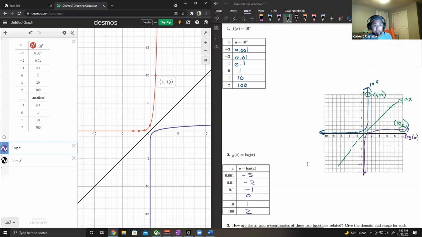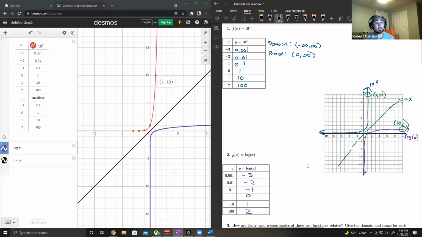We'll do the domain for the exponential function, which we've seen before. Remember, the domain for all exponential functions is all real numbers. The range for all exponential functions is 0 to infinity. Now remember, since the x and y values switch for the inverse, the domain and range also switch for the inverse.